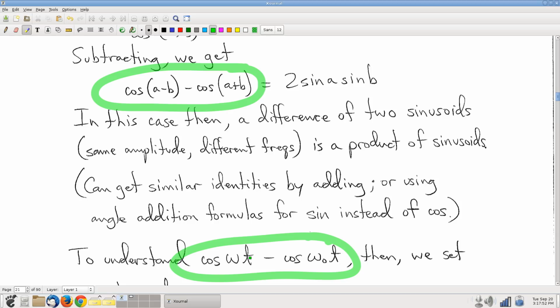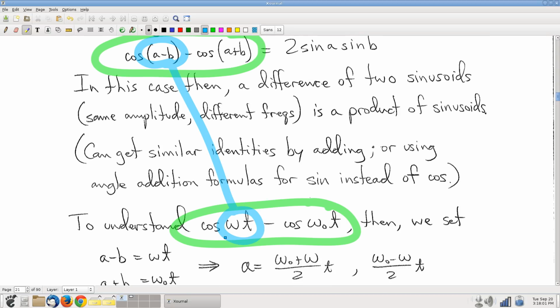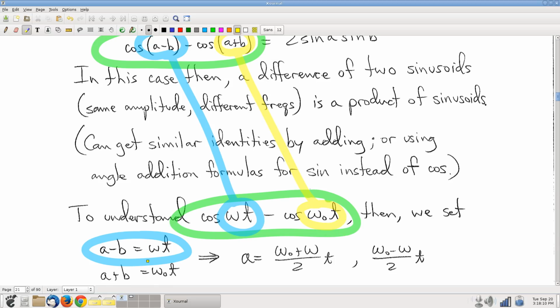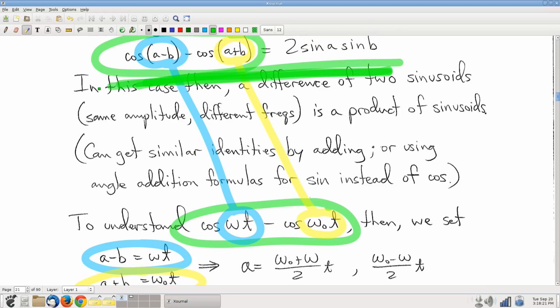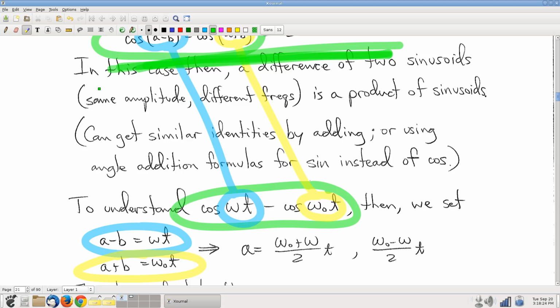We're interested in the difference of two cosine waves, and so we're going to set a minus b equal to omega t, and we're going to set a plus b equal to omega naught t. And let's see what A and B would make that happen. In other words, if I want to use this identity up here, what would I have to pick for my A and my B in order for that to work?